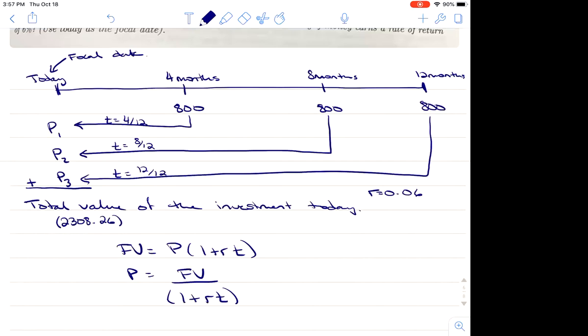So if the bank is saying they'll charge you more than this to give you 800, then you would just say, no thanks, I'll invest my own money and get a little bit more than 800. That's if the interest rate is at 6%. If it was lower than that number, it would be higher.